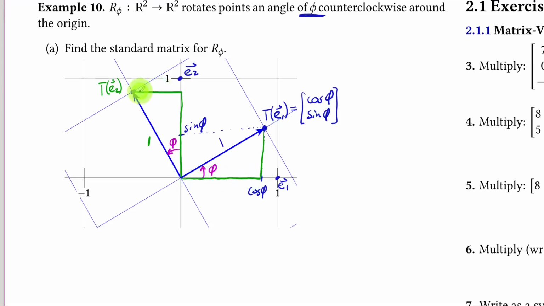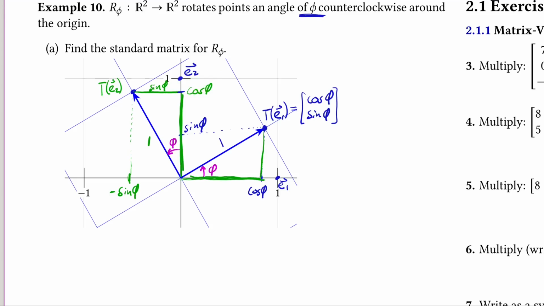So the length of the shorter side is going to be the length of this, which is sine of phi. It's just that now the x-coordinate is negative, so it's actually the opposite of that. And likewise, the y-coordinate, how long this vertical thing is here, is the length of the longer side of this congruent triangle, which has length cosine of phi. So this y-coordinate is positive, and that's cosine of phi.